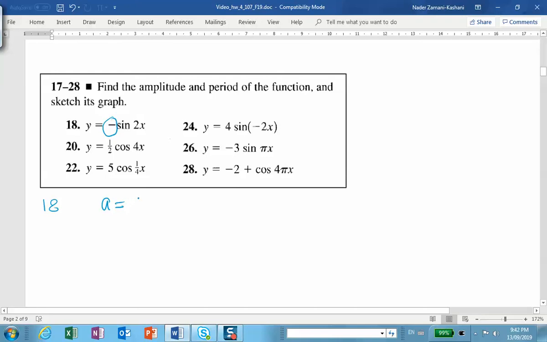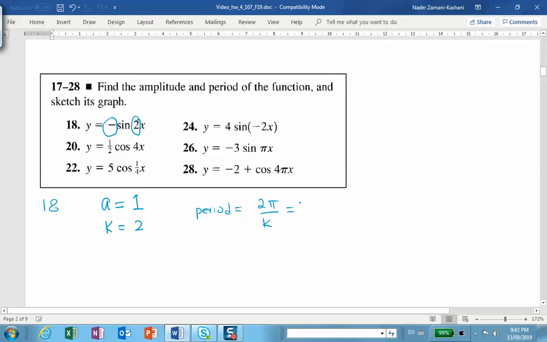Usually amplitude is assumed to be a positive number. Therefore, you can think about this thing as 1 times sine of 2x. And k is 2. K is this number. So the period is 2 pi over k, which is equal to 2 pi over 2, which is pi.